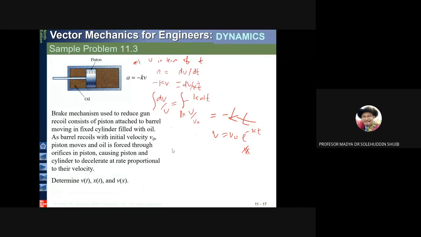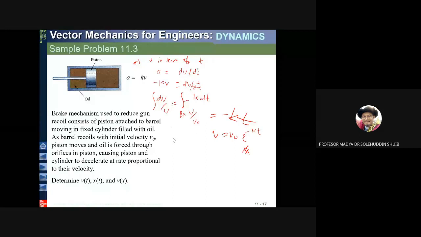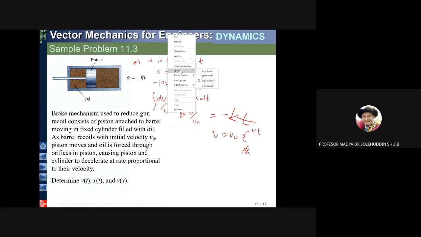For part B, we need to find x in terms of t, right?